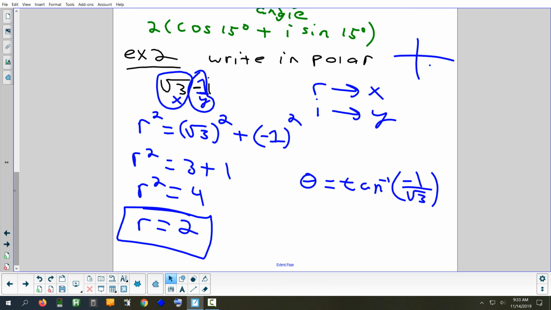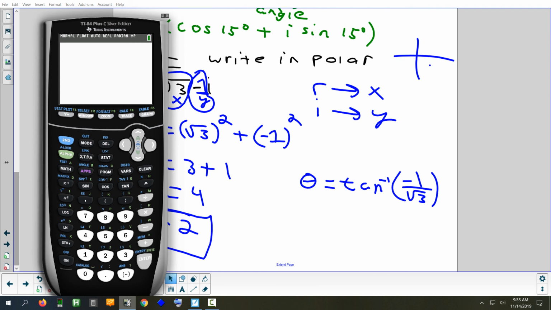Okay, let's type that in and see what we get. So I'm going to switch over to degrees. I'm going to do second inverse tangent of -1 divided by square root of 3. Okay. So we get an angle of -30.